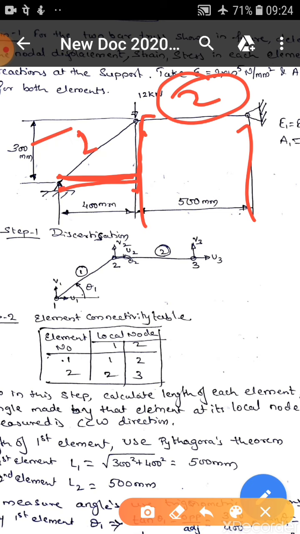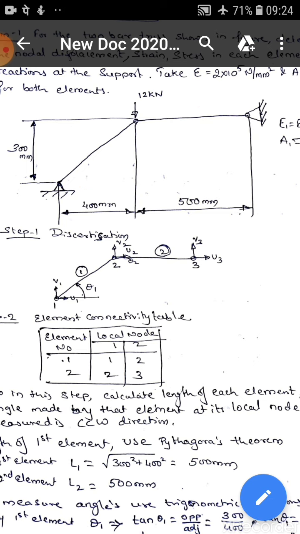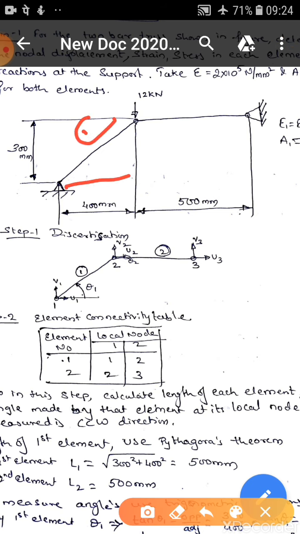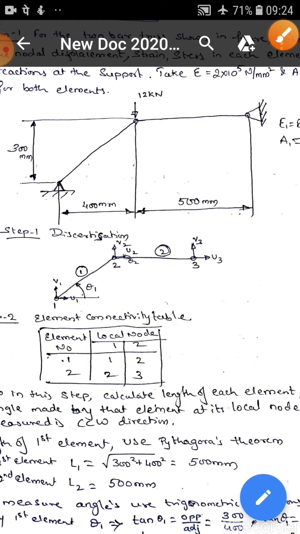Using the Pythagoras theorem, I can get the length of element 1. After getting the length of the element, we also need to determine the angle made by that element. How to determine the angle made by element 1 and element 2 at its local node 1? We'll see this while solving the problem.